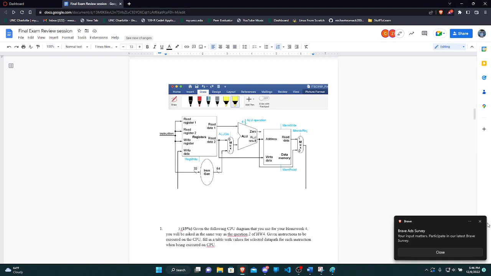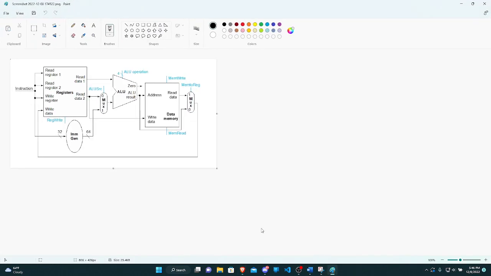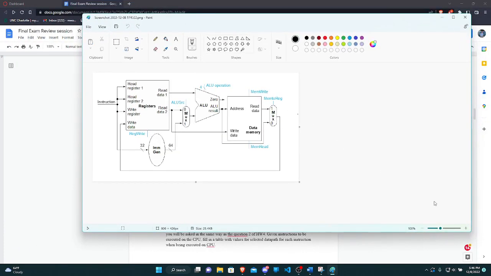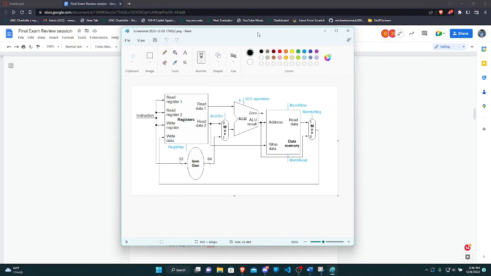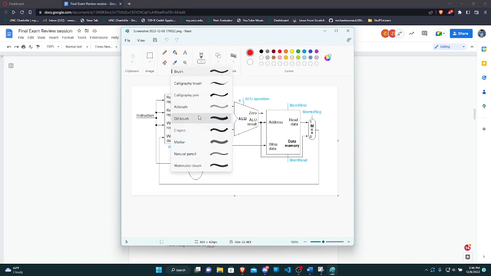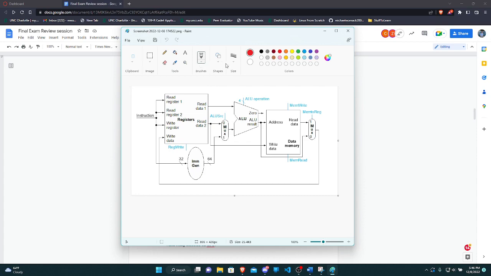To draw the store word, okay, now we'll go ahead and get to this. So let's see. We have an RS1 and we have an RS2.